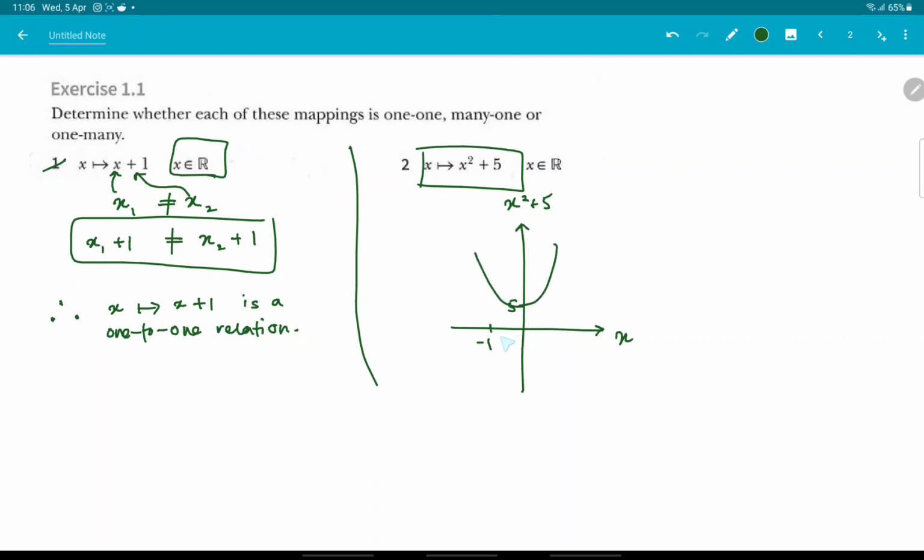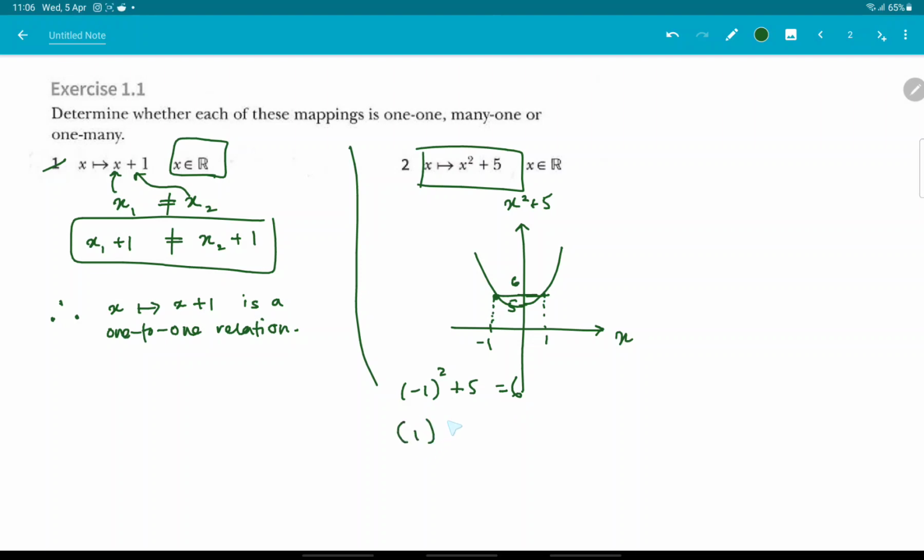If I put -1 here and 1, the value of (-1) squared plus 5 is actually 6.